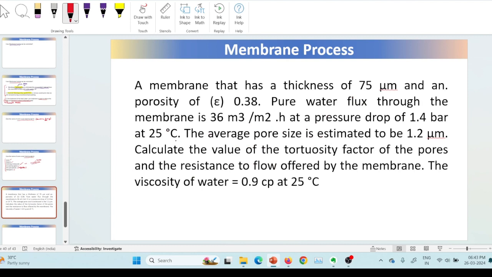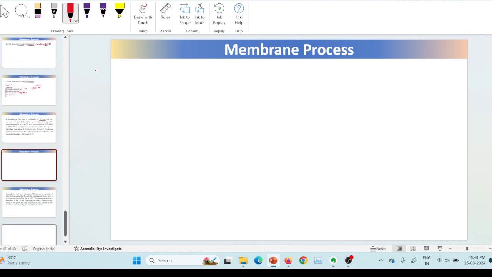Now we have the question. The question is, the membrane has a thickness of 75 micrometer. Here we can learn many things in this question.